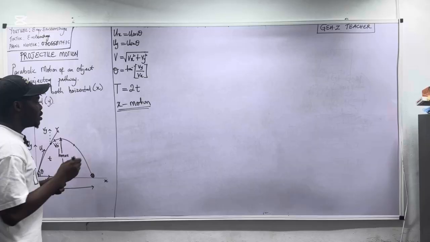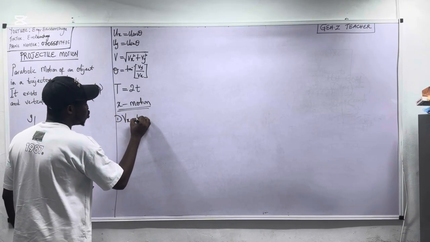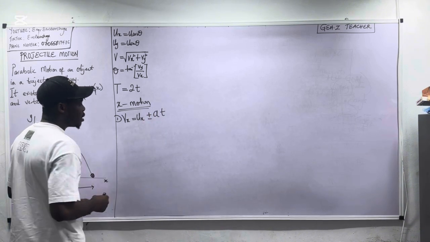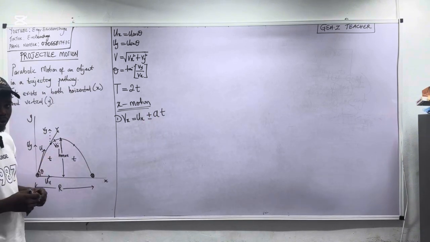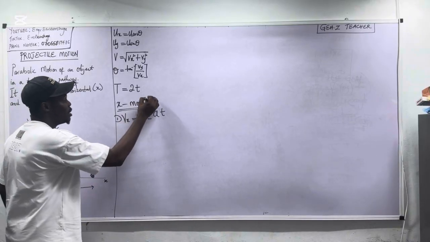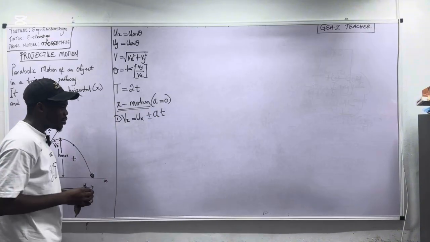Just recall the first equation of motion says vx equals ux plus or minus at. Now for horizontal motion, for a projectile, the acceleration is always equal to 0. I'll say it again.